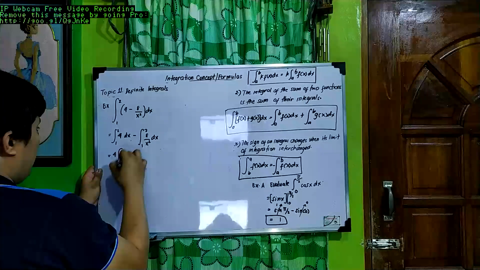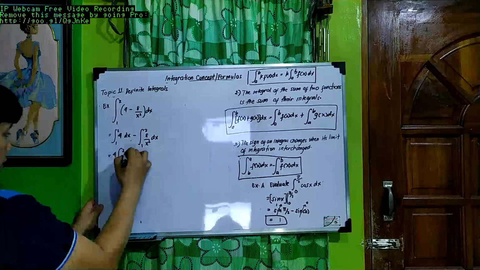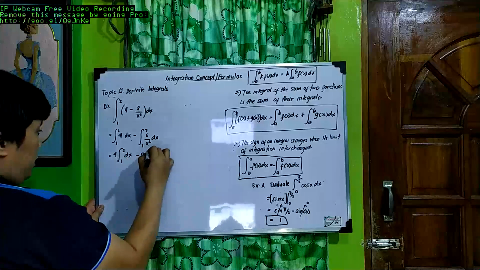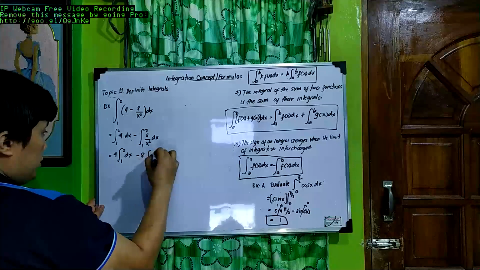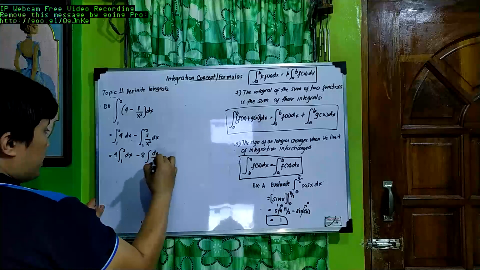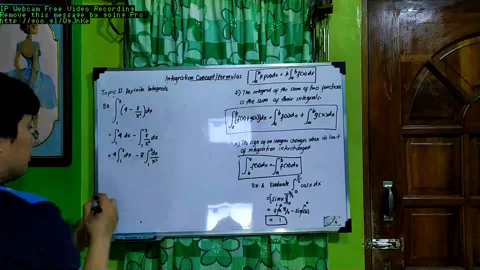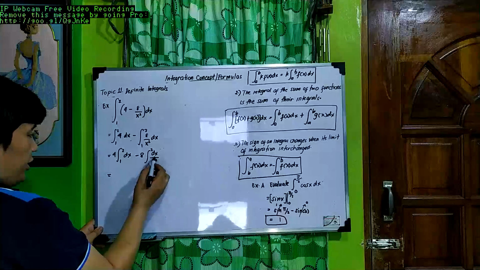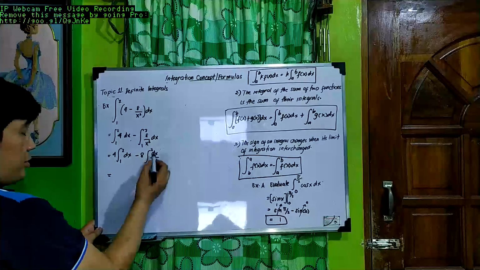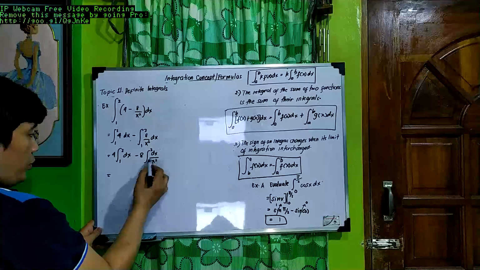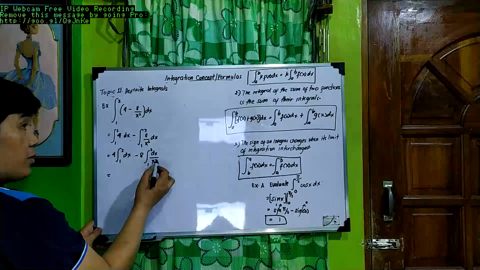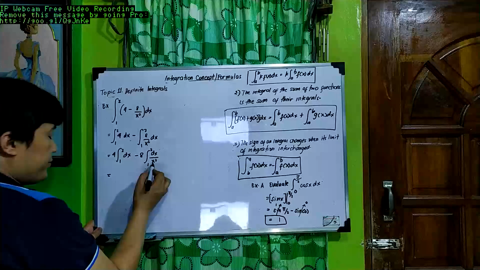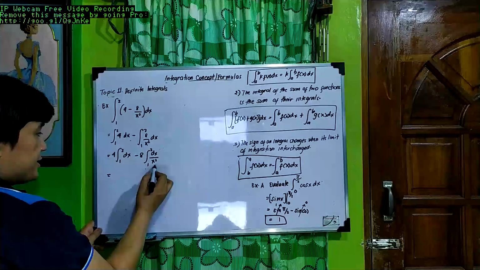You have 4 times the integral of dx with limits from 1 to 2 minus 8 times the integral of dx over x squared, limits from 1 to 2. From there, if you use logarithmic or ln, we need to use this as u. When you use this as u, the derivative of this is 2x dx.